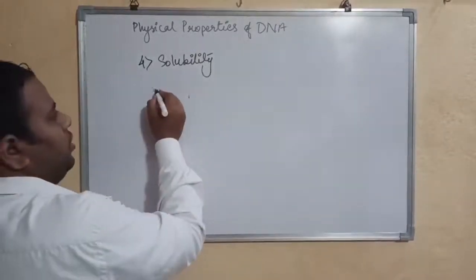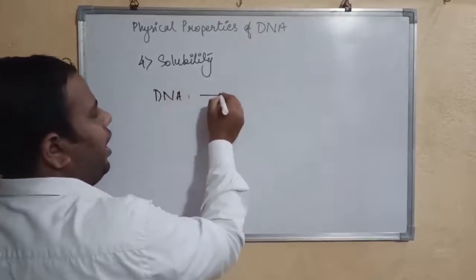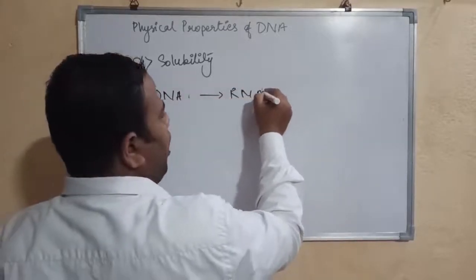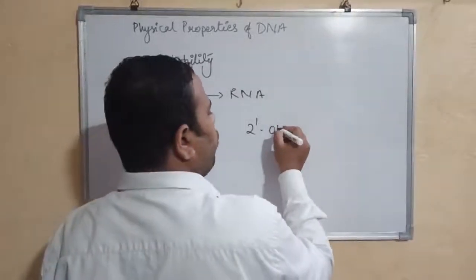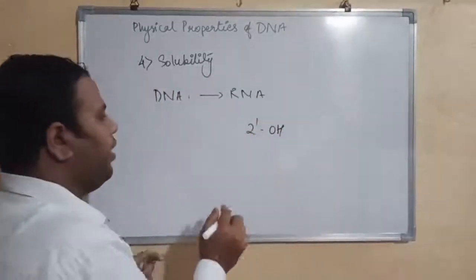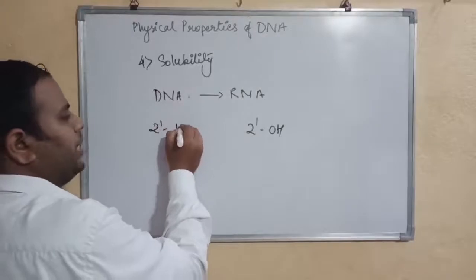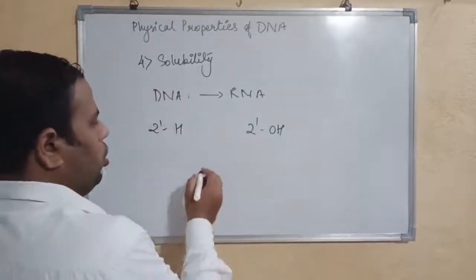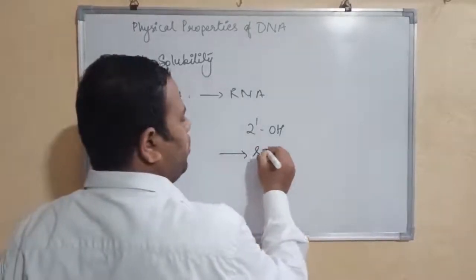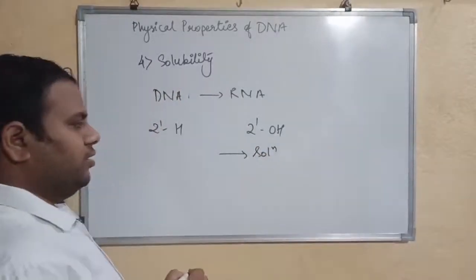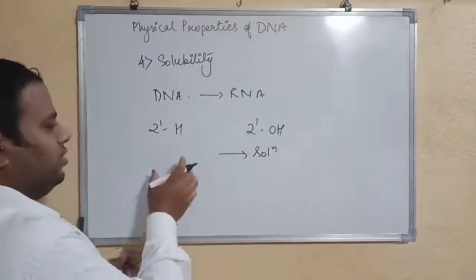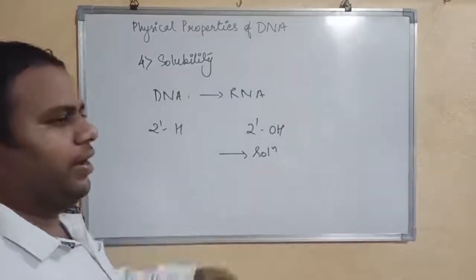But compared to DNA, RNA is more soluble in water, as at the second position in the ribose sugar there is a hydroxyl group in the case of RNA, and the same hydroxyl group is absent in DNA. So RNA is more soluble than DNA. DNA is also miscible in water, but there is a certain limitation to it compared to RNA.